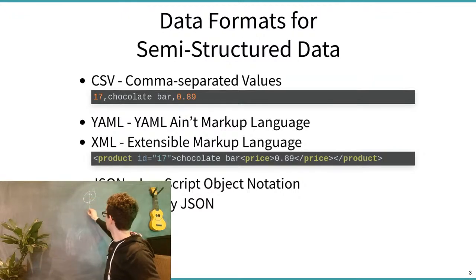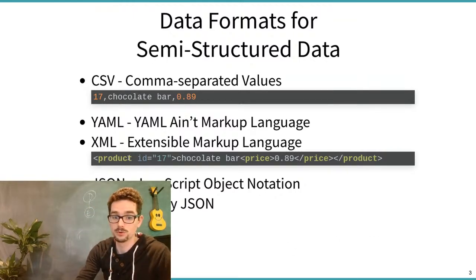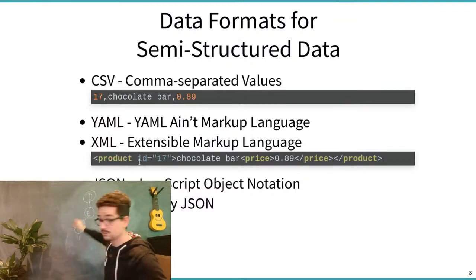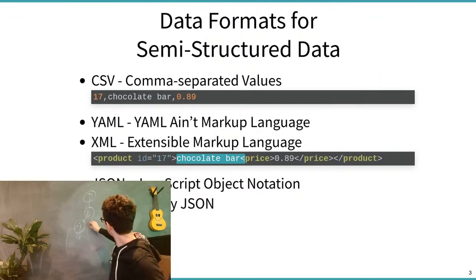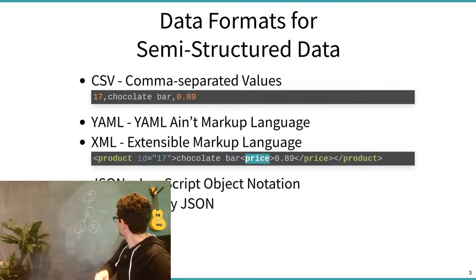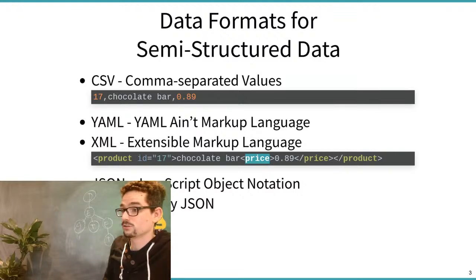Then we have one element called product. So that's the element name or the tag name. Then we have an attribute, ID. Then we have text. Then we have an element price. And then this element price has a text child. So that's our document now.